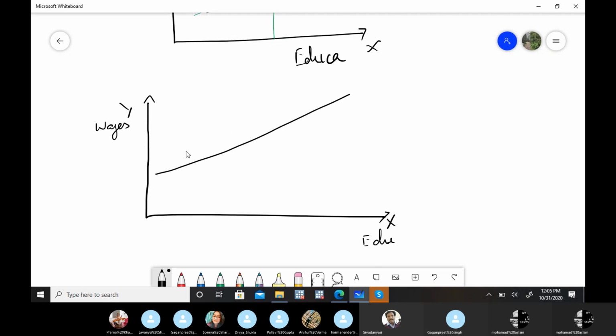Let's suppose education level 5, meaning 5 years of education. I'm just taking a few hard numbers: 10, 12, 10 for graduation.